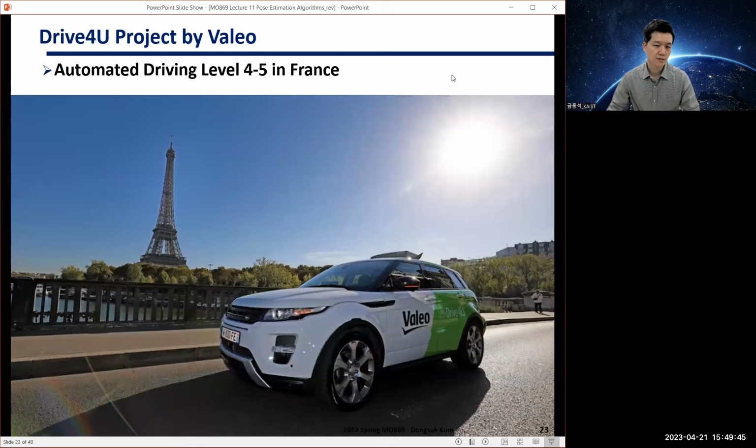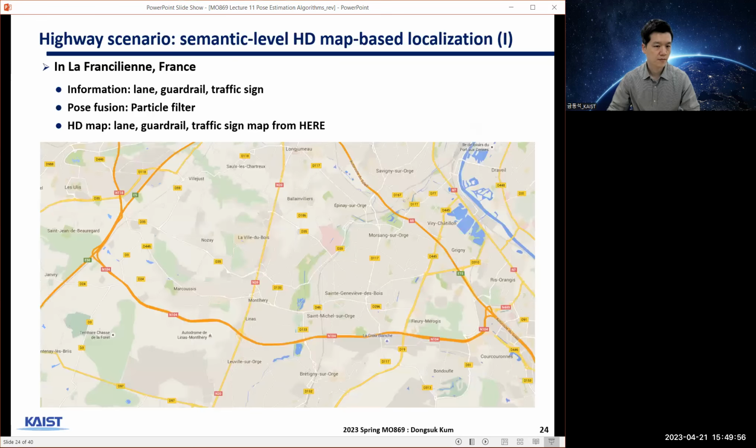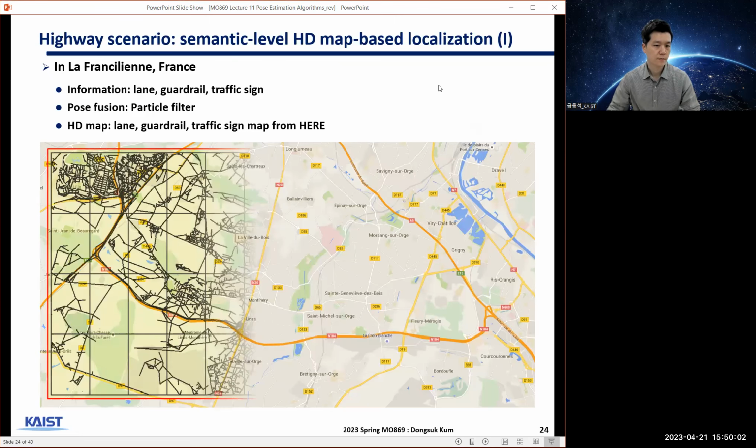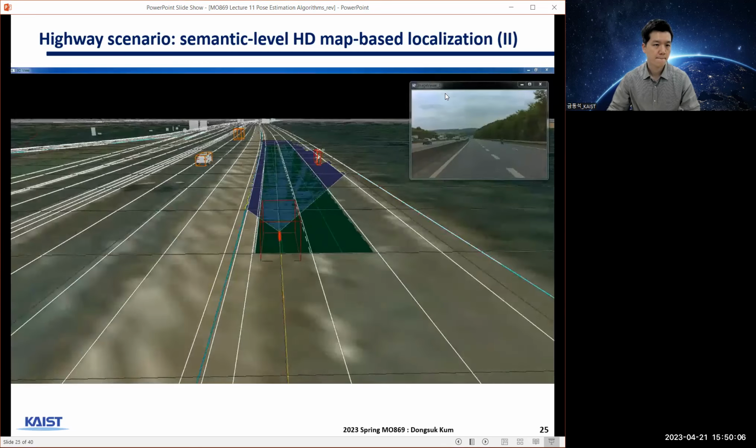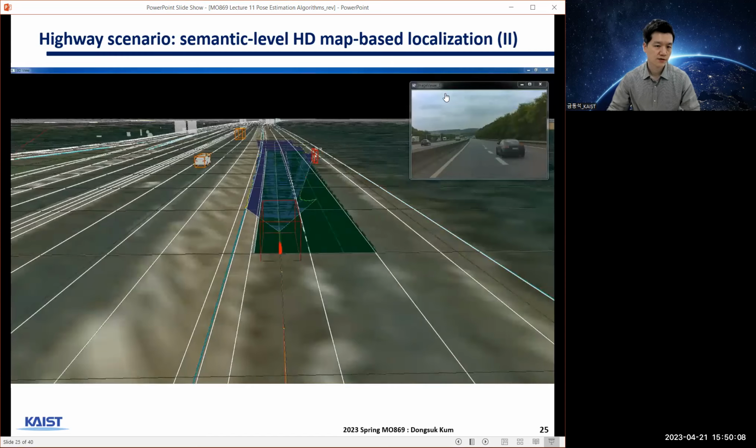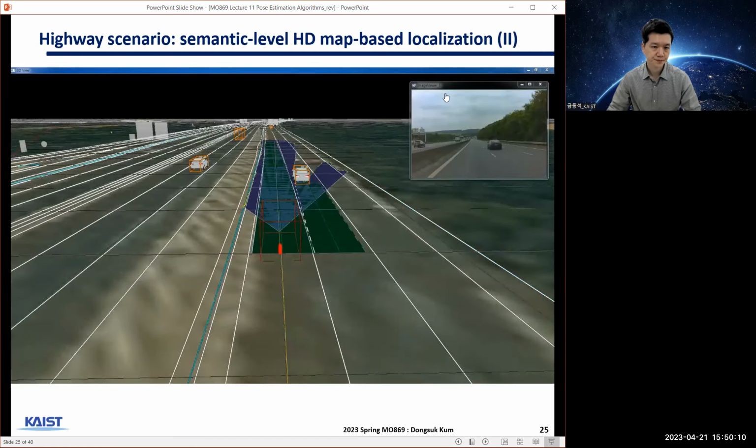This one is a video clip from Valeo, a French LiDAR company. And this is the environment. This is a map. And this is the highway scenario.